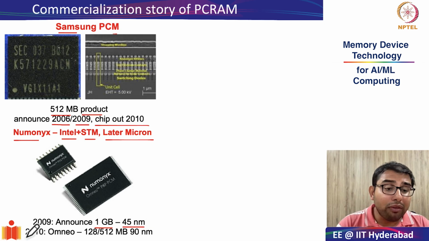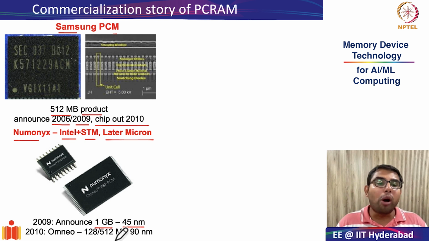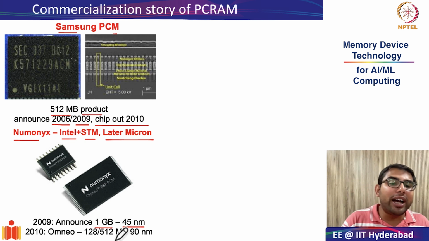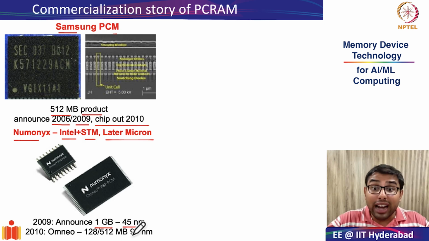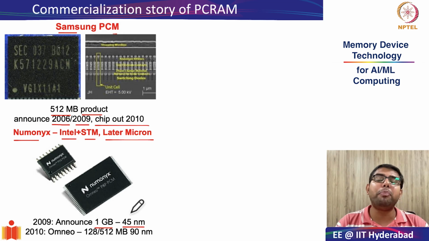However, when finally products started coming out in 2010, it was called the Omneo series, and this Omneo series was only able to accommodate 128 megabytes or at max 512 megabytes at the 90 nanometer node, a few nodes higher than what was actually promised.